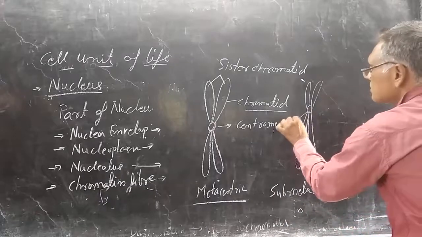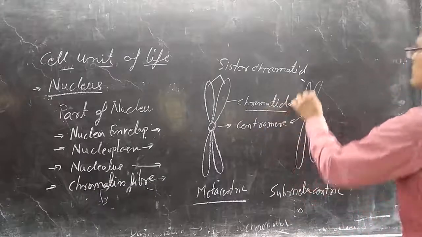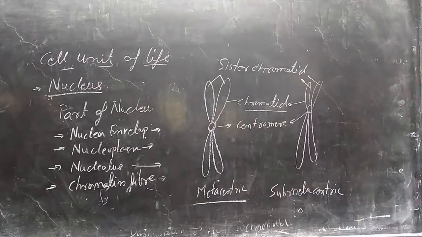Here this one is the centromere, these are chromatids and these are two sister chromatids, slightly away from the middle portion. This type of chromosome is known as submetacentric.